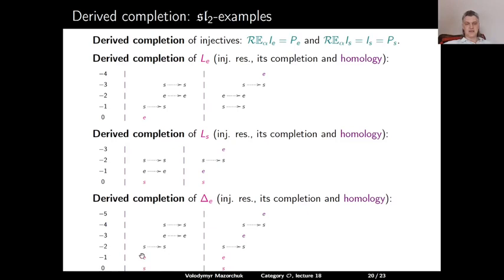And now we see that delta E, of course, remains in its homology. Completing projectives is the identity on projectives. But then we get a new homology E in the homological position 1 and a new homology E in the homological position 2. So this is a computation of how derived completion operates for the algebra SL2.